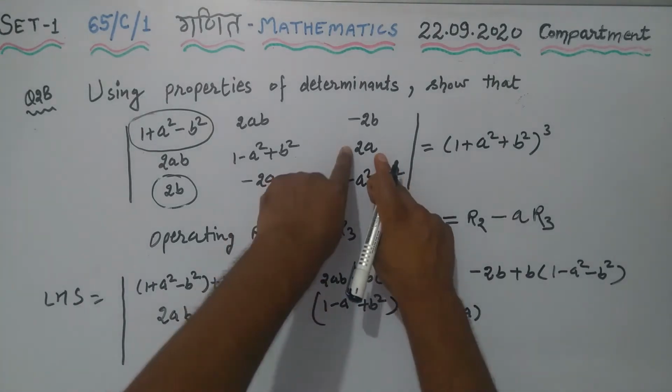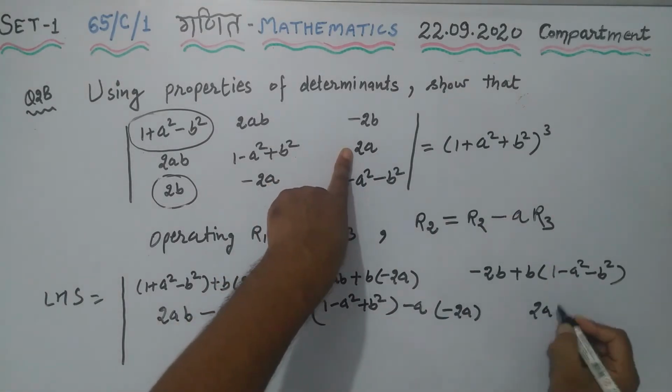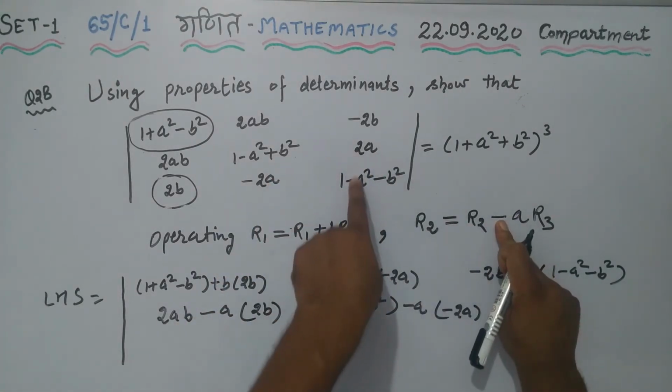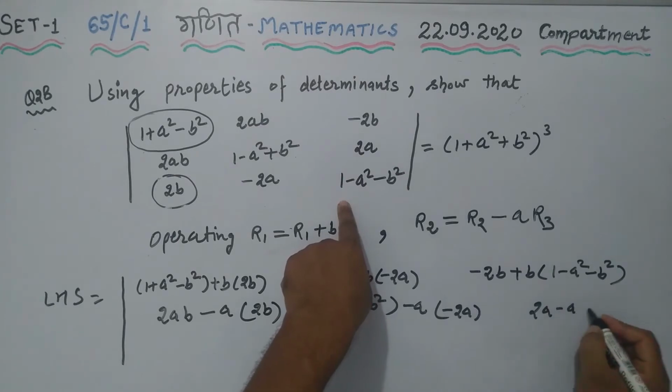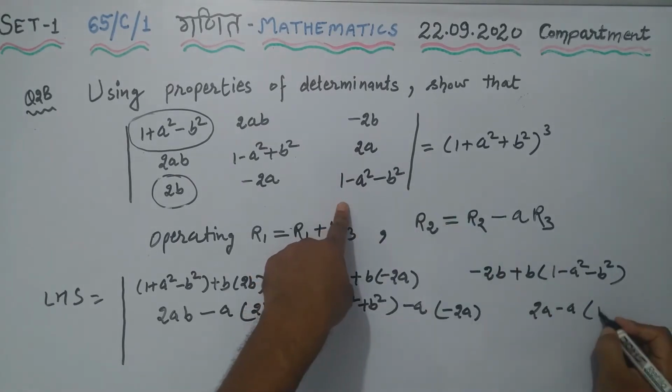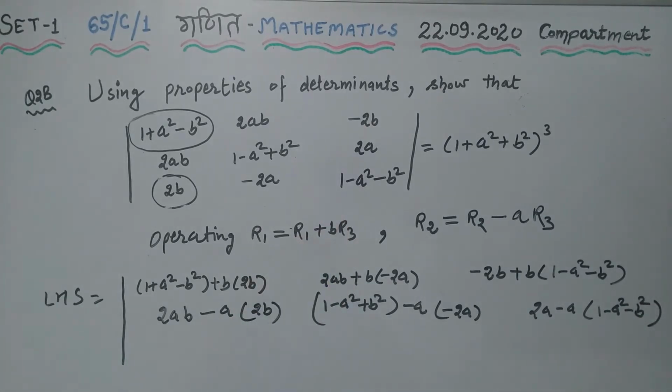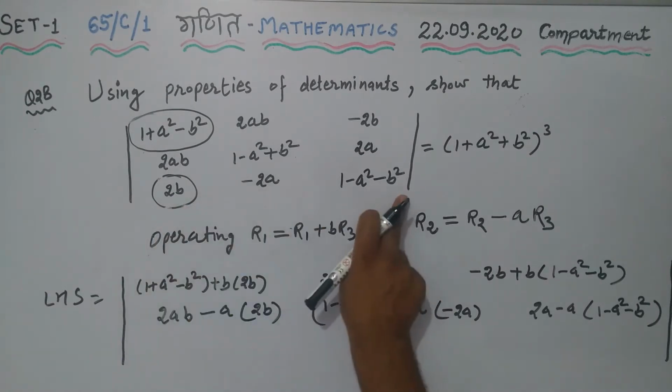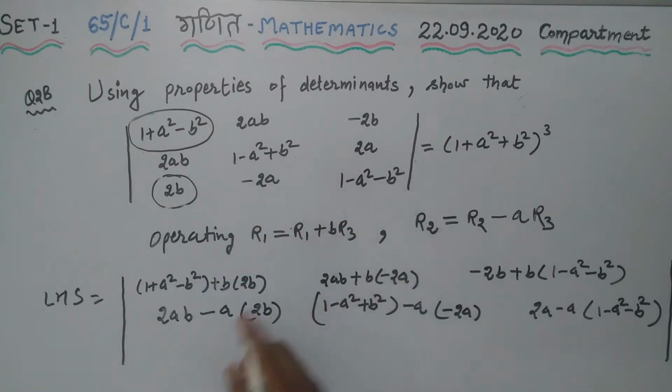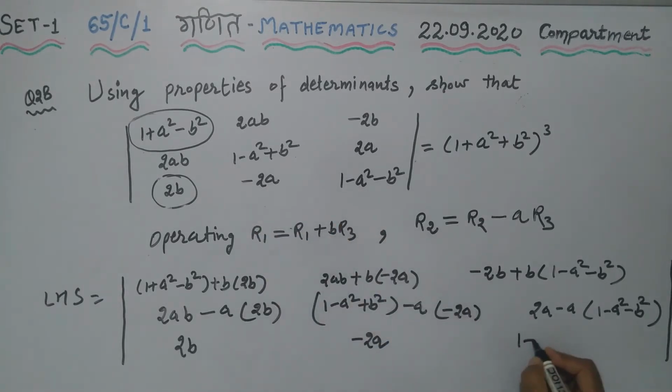Last time this is 2a, R2 is 2a minus a into this 1 minus a square minus b square, right? Now with third row we did nothing, we are writing all the elements with no change. 2b, minus 2a, 1 minus a square minus b square, there is no change.